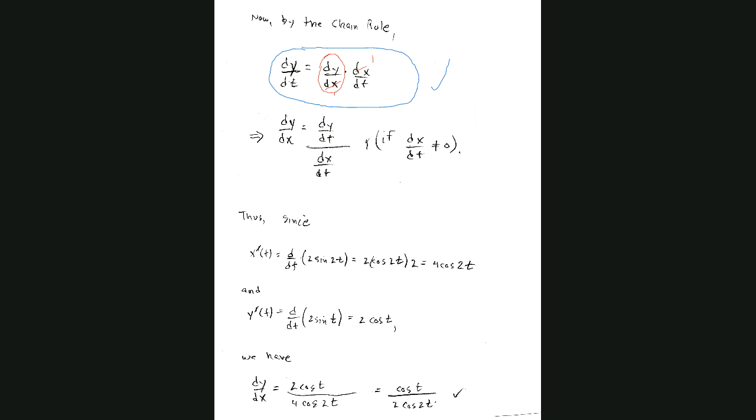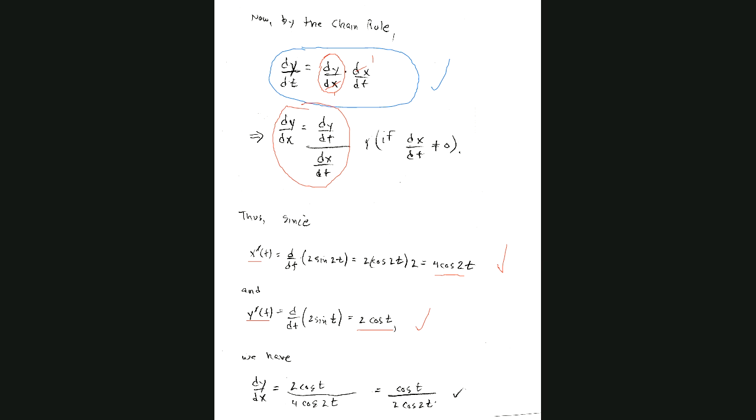Given that, with this formula here, I can find dy dx. Because x prime of t can be shown to be 4 times the cosine of 2t. And y prime of t is equal to 2 times the cosine of t.